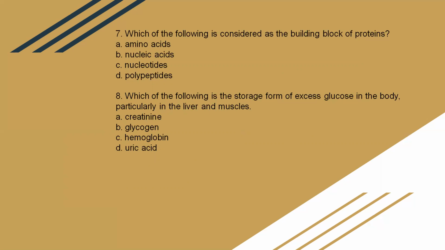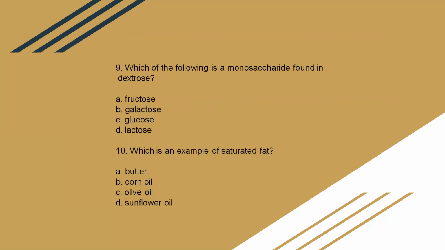A. Creatinine, B. Glycogen, C. Hemoglobin, D. Uric acid. 9. Which of the following is a monosaccharide found in dextrose? A. Fructose, B. Galactose, C. Glucose, D. Lactose. 10. Which is an example of saturated fat? A. Butter, B. Corn oil, C. Olive oil, D. Sunflower oil.